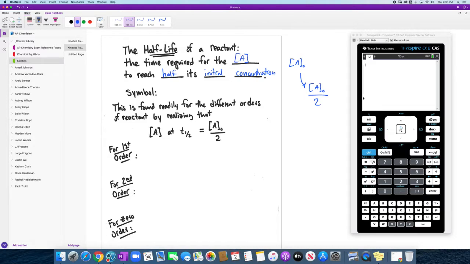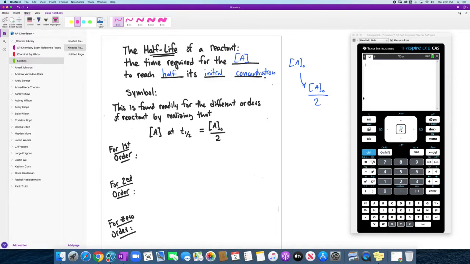So a lot of the time we'll use this type of symbols here. Concentration of A with the subscript 0, which means the initial concentration at time 0. But it's important to say from the beginning that this is kind of arbitrary. Even through the middle of a reaction, if you pick a particular point, you could call that the initial concentration and decide what half of that concentration is.